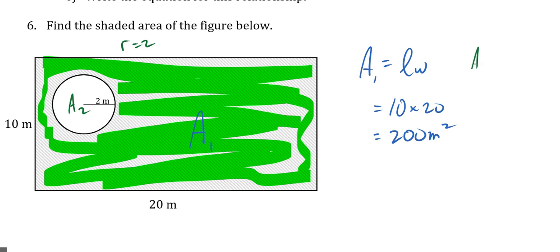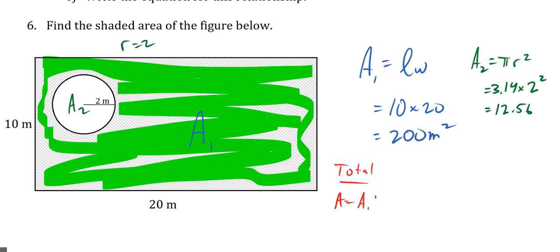I don't need that. So area 2 is pi r squared for a circle, pi times 2 squared. So that's 3.14 times 2 squared, which is 12.56.